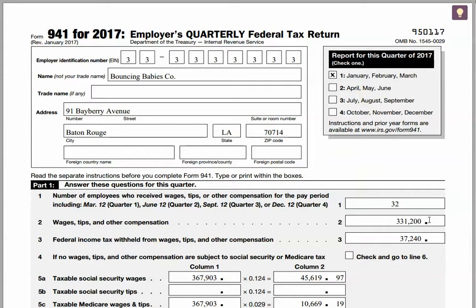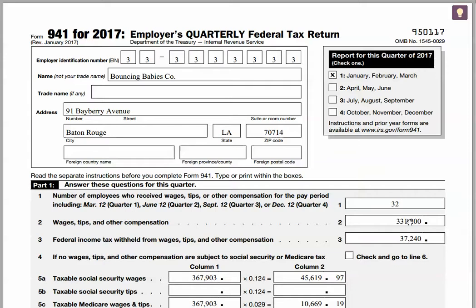Federal income tax withheld during that period, $37,240. I was just looking to see if it gave us that number. We have to add the taxes together. So federal withholding for January is $12,400, February $12,720, and March $12,120. Added together is $37,240.